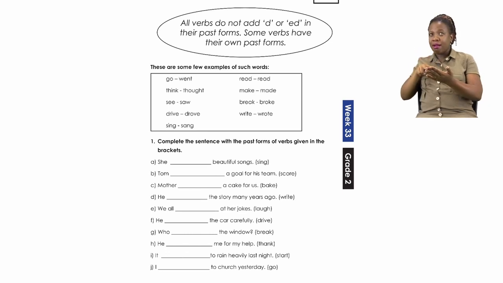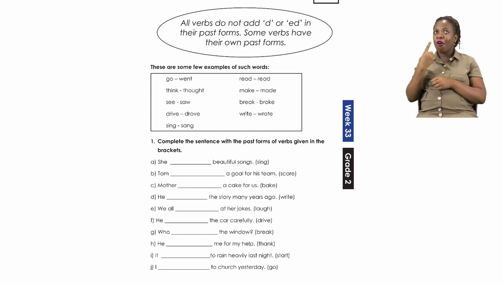Now you will see for read, the past tense version is spelled exactly the same, but they are pronounced differently. So you say read and read in the past tense. Make is made. Break changes to broke. And the word write changes to wrote in its past tense.